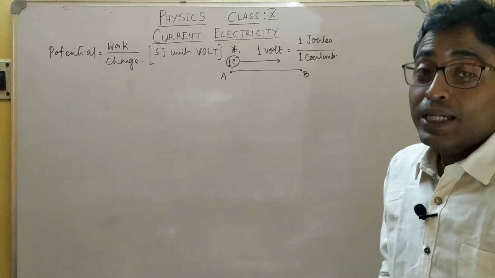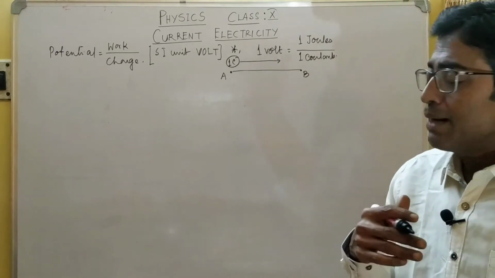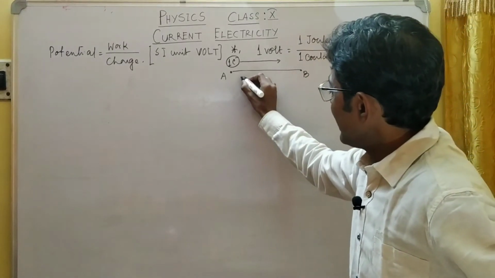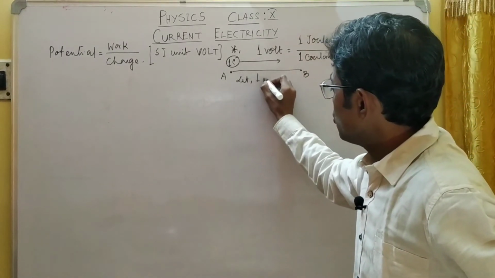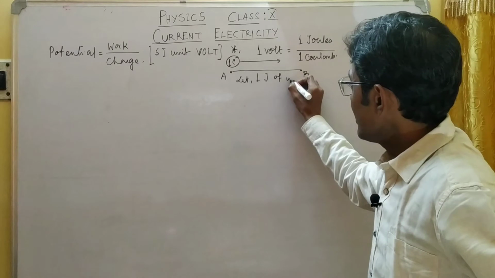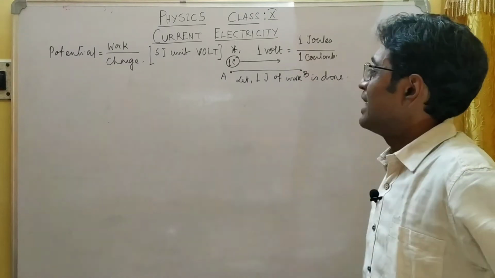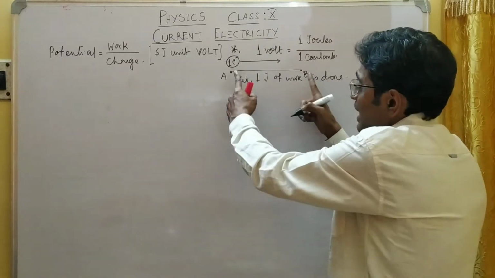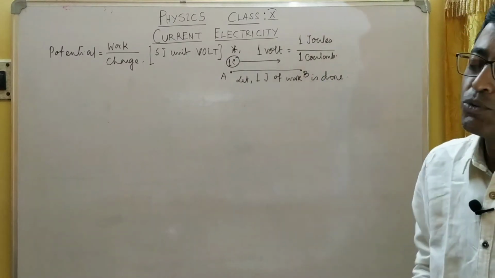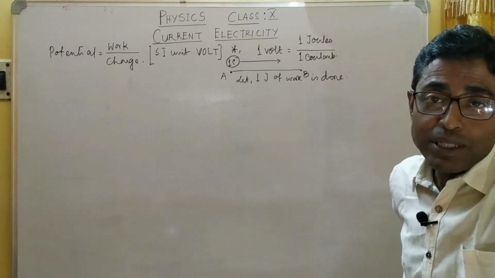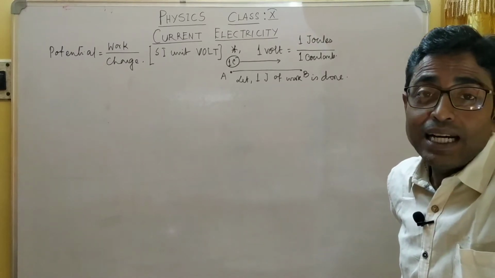And what is the amount of work we have done? 1 joule. So let 1 joule of work be done. Then the difference of the potential between the two ends of the terminal is called potential difference.